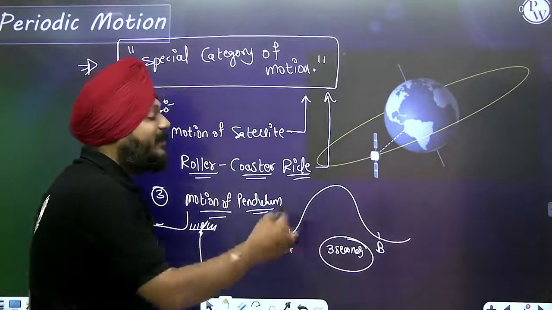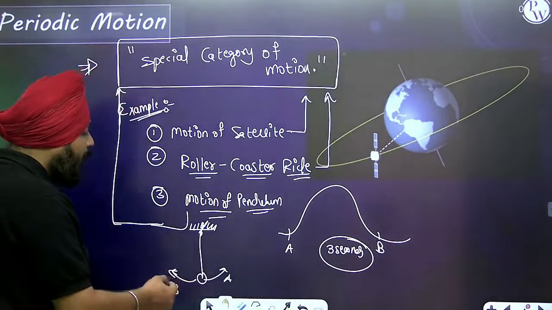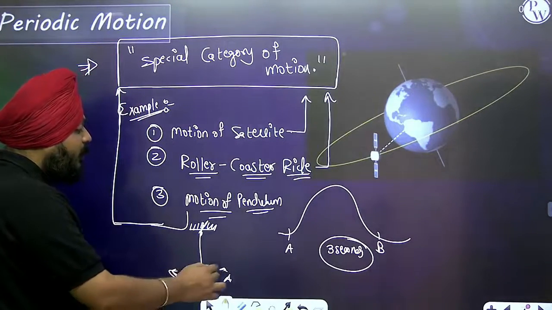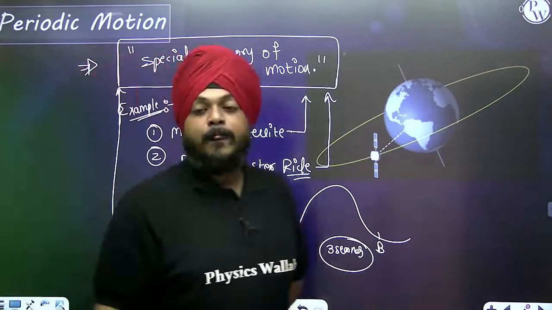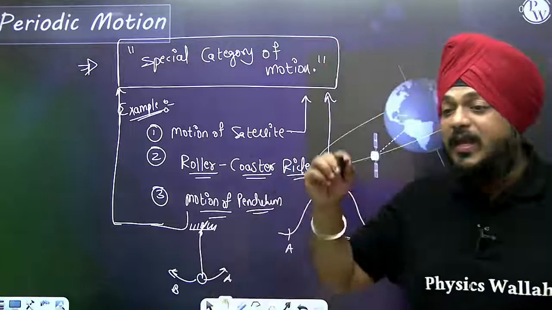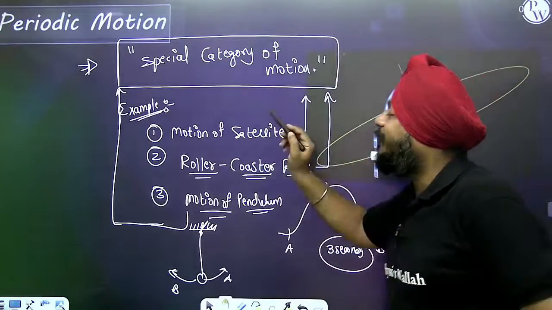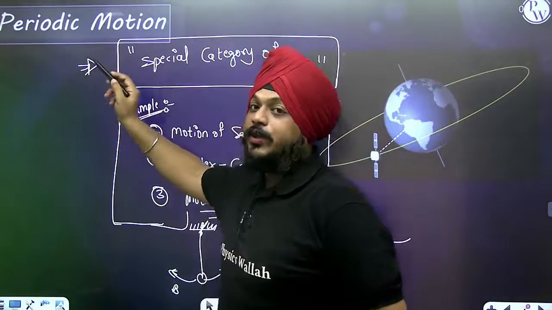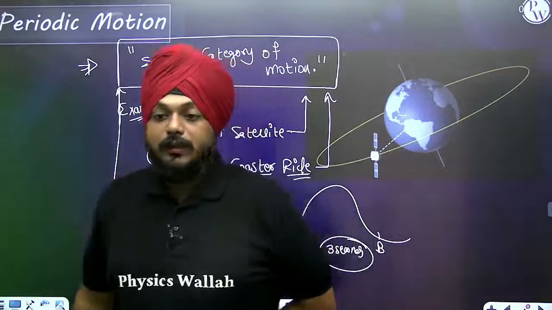The roller coaster ride is a random path. The pendulum moves to and fro, to and fro. Then what is common in these 3 examples that exactly defines periodic motion, rather than writing it as a spatial category of motion?